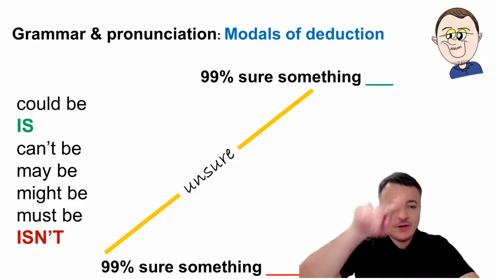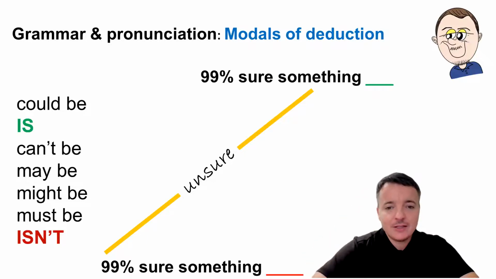So have a look. I have here a line. At the top in green, 99% sure something is. At the bottom, 99% sure, you're sure something isn't.